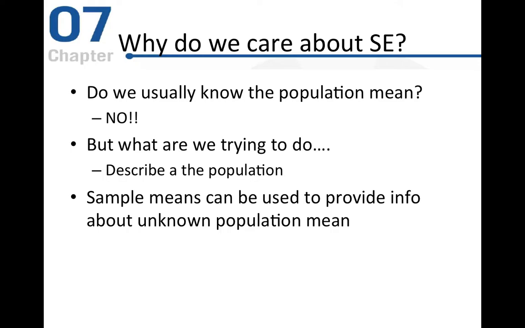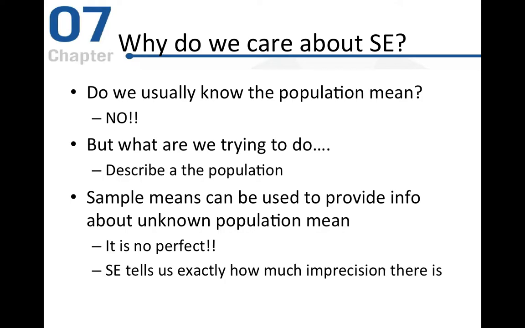Sample means can be used to provide information about unknown population means, about unknown population parameters, but it's not perfect. We're going to have this element of sampling error. And so standard error tells us exactly how much imprecision there is.